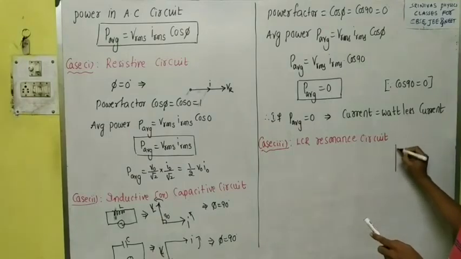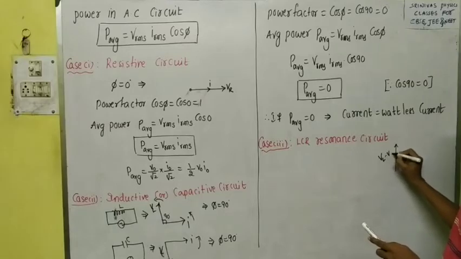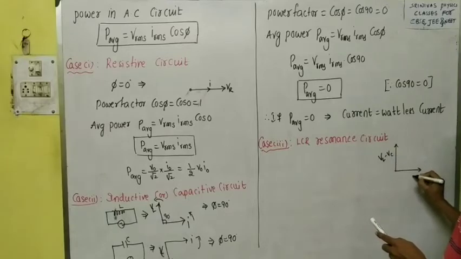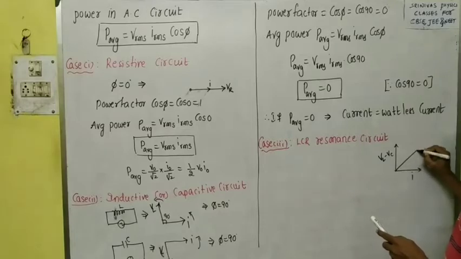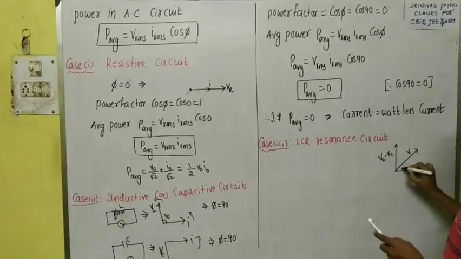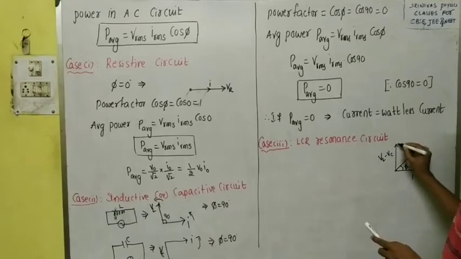We write it like this. This is VL minus VC, and this is the current, and this is the phase difference between the net voltage and the current.